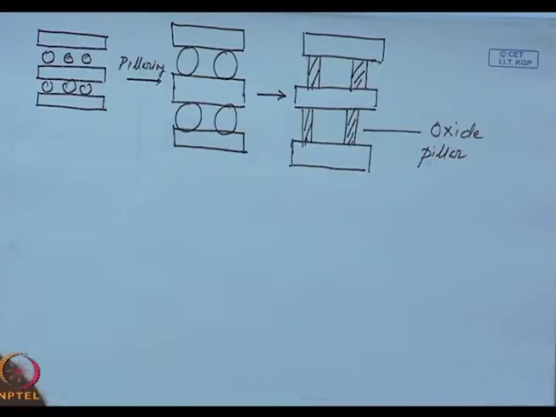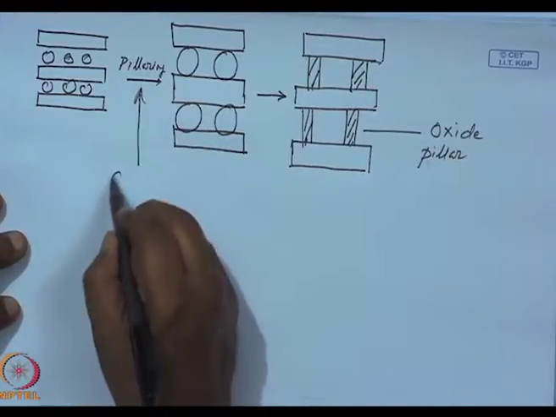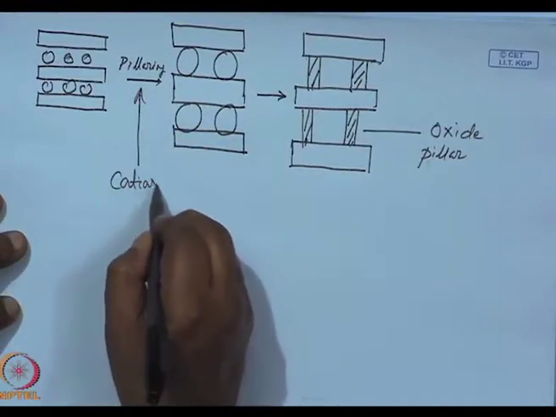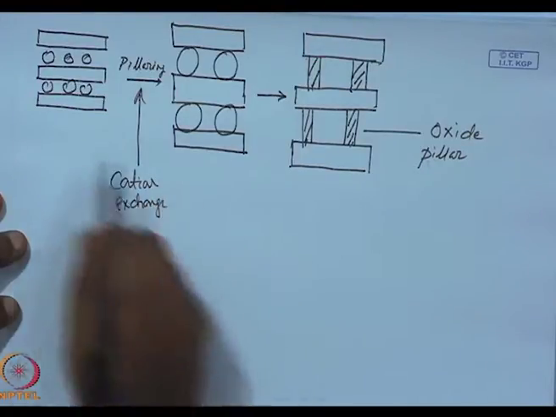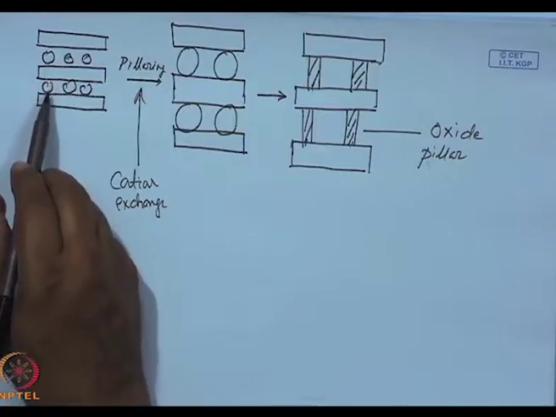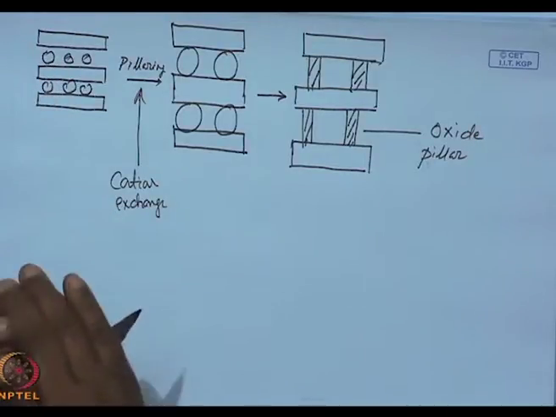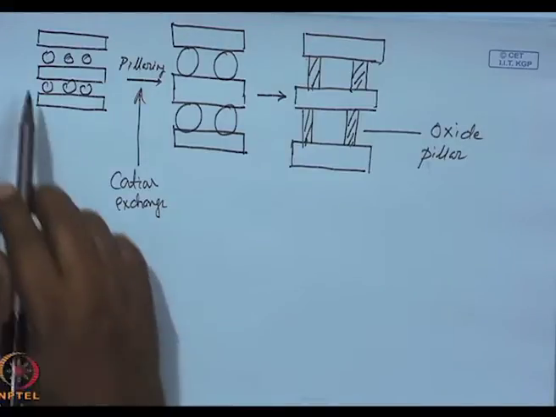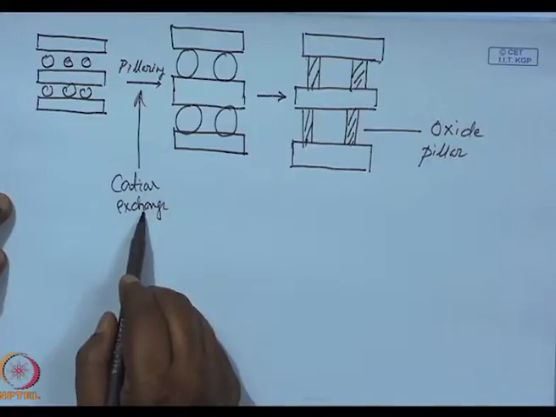Over here, what did I have to do? I had to do cation exchange. The smaller sodium, potassium ions which normally exist between clay layers have been replaced by larger cations.